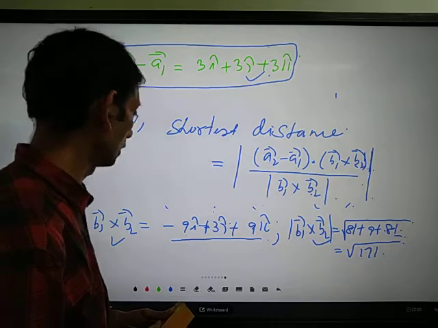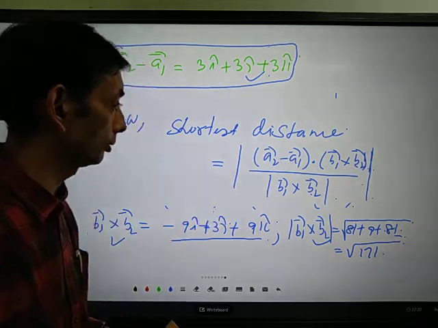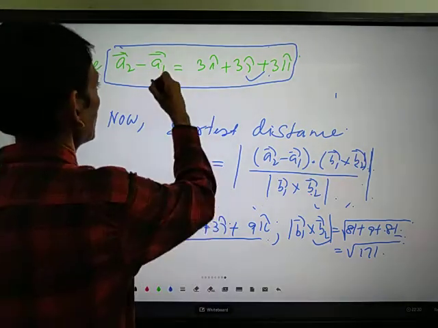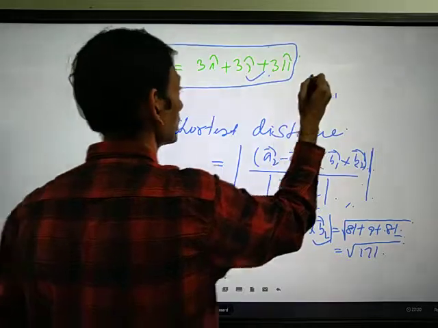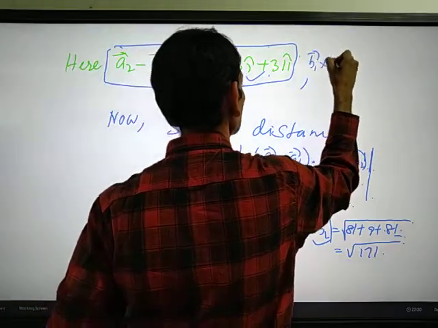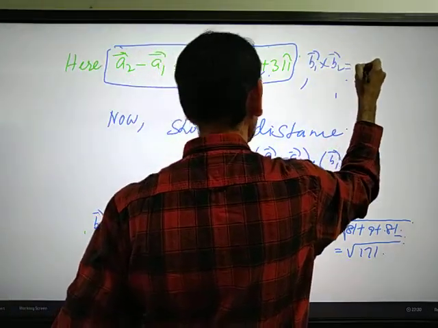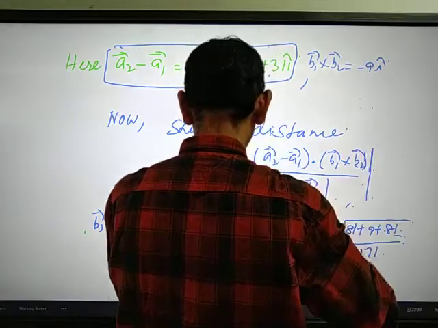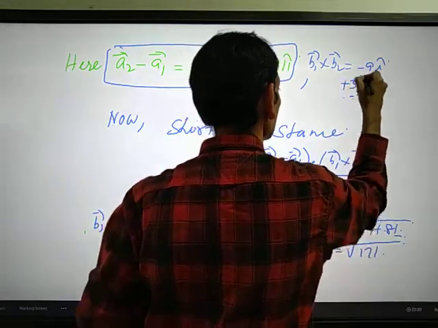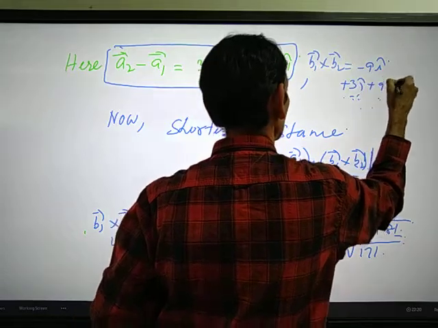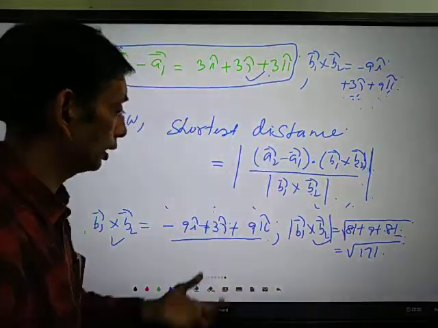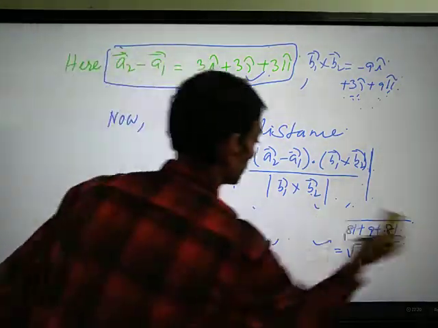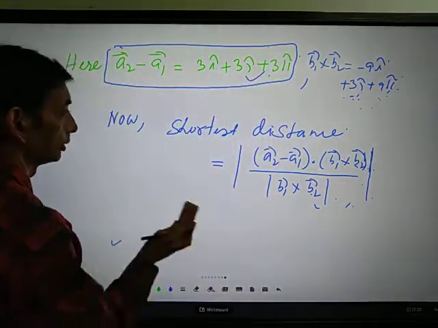So we'll just replace the A2 minus A1 value. We'll just note down B1 cross B2, which is given by minus 9 i cap plus 3 j cap plus 9 k cap, and the mode of B1 cross B2 is square root of 171. So we can just put in these values.